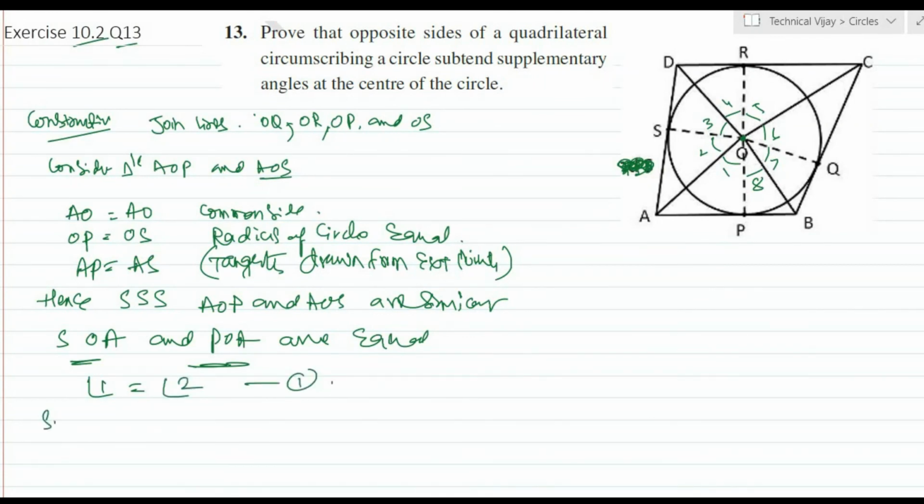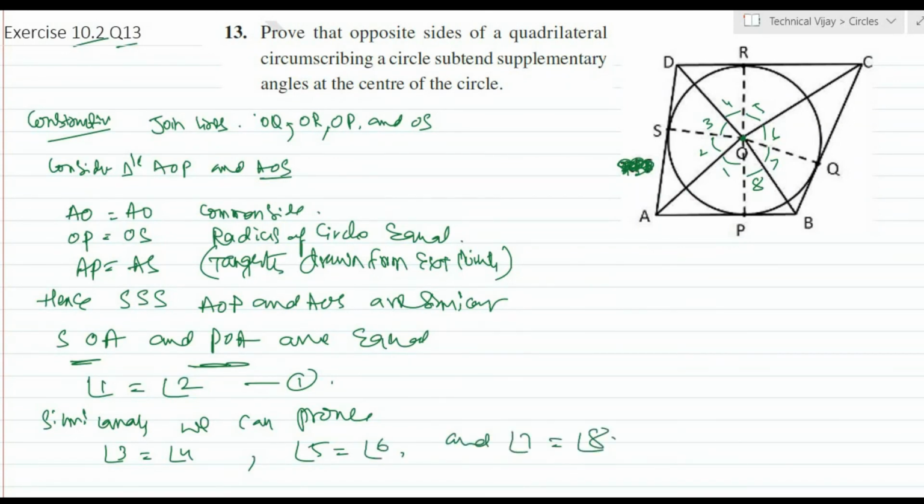Similarly we can prove angle 3 is equal to angle 4, and angle 5 is equal to angle 6, and also angle 7 is equal to angle 8. Okay, in the same way you can consider these two triangles and make them congruent, so that the angles will become equal, like this.